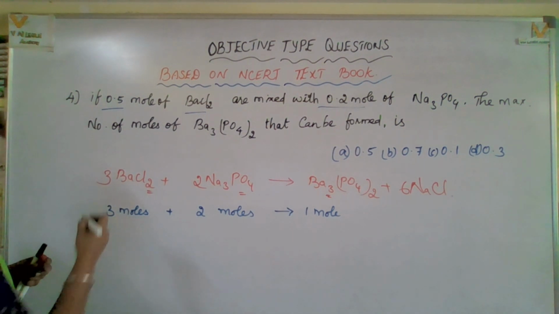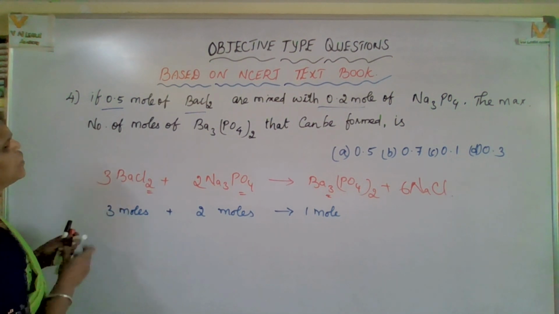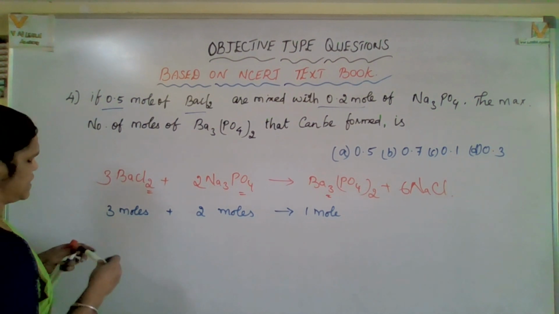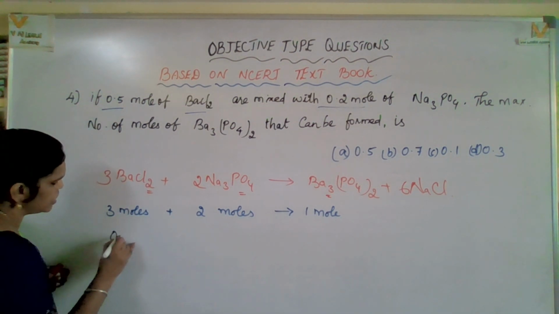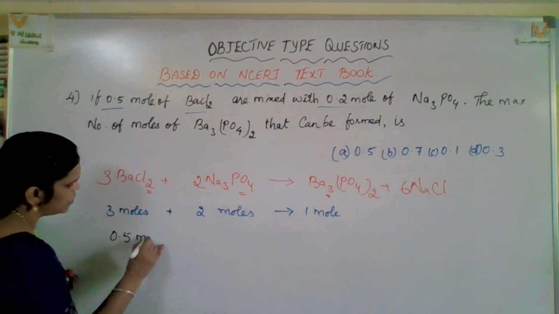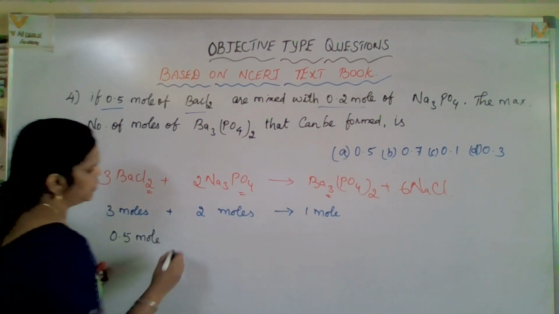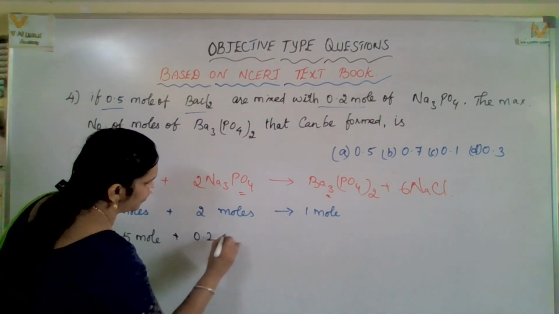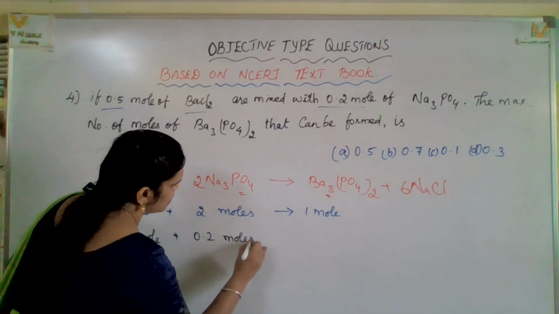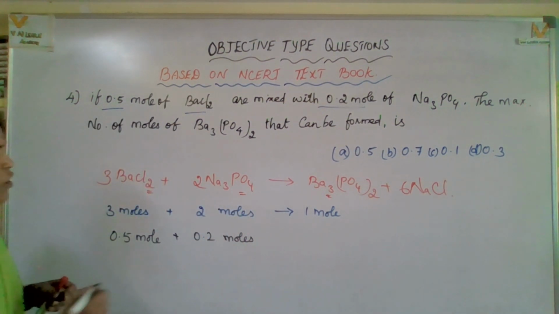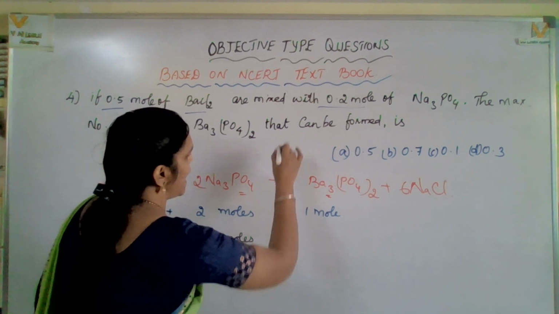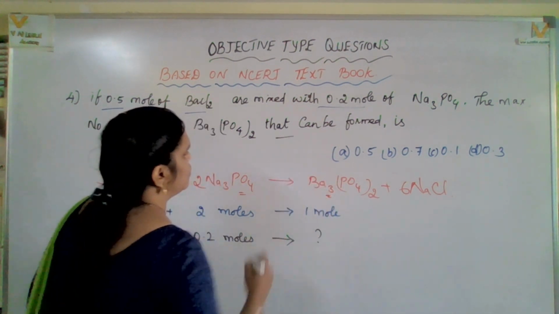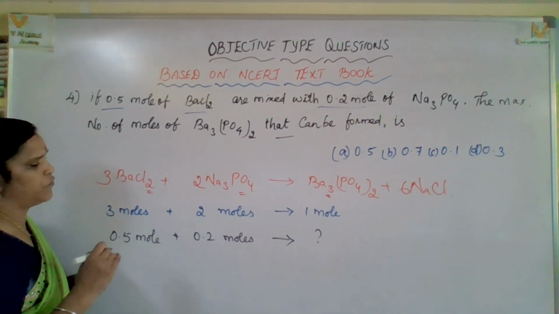Okay, now they are asking in the question 0.5 moles of BaCl2. So in the question they mentioned 0.5 mole of BaCl2 combined with the 0.2 moles of Na3PO4. How much can be produced? Which is Ba3(PO4)2.